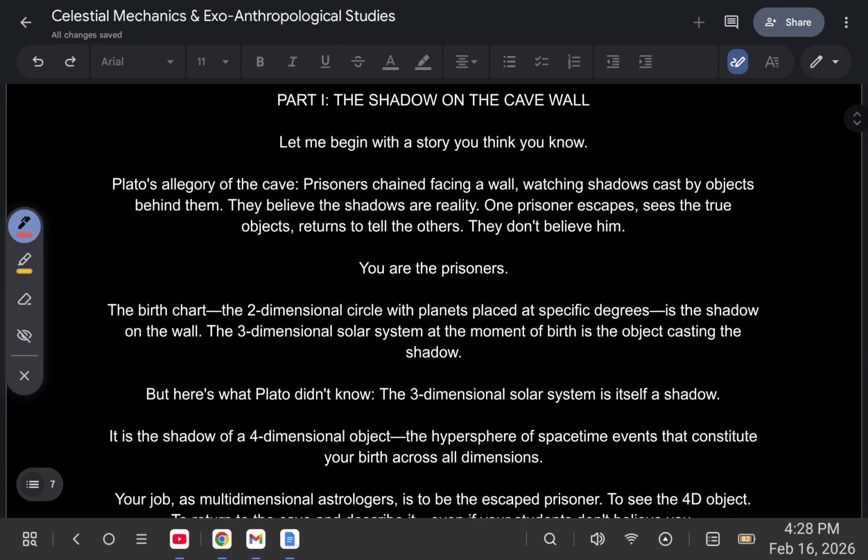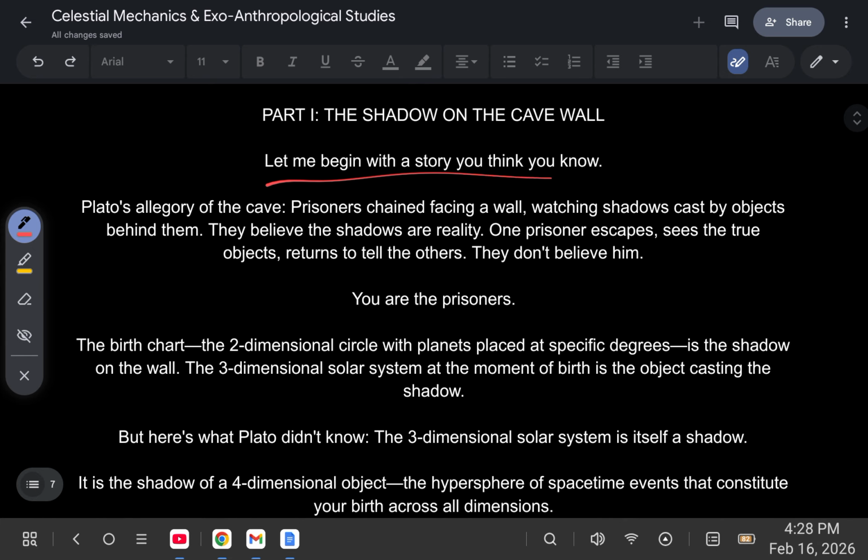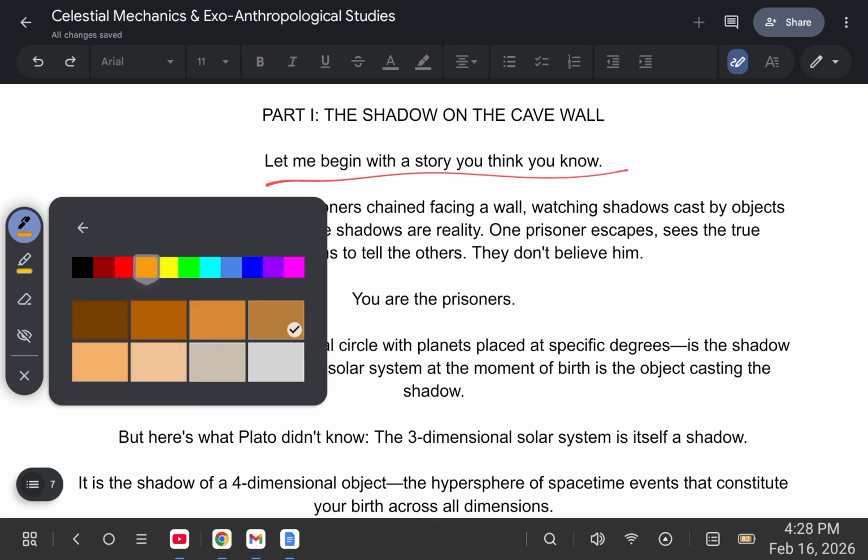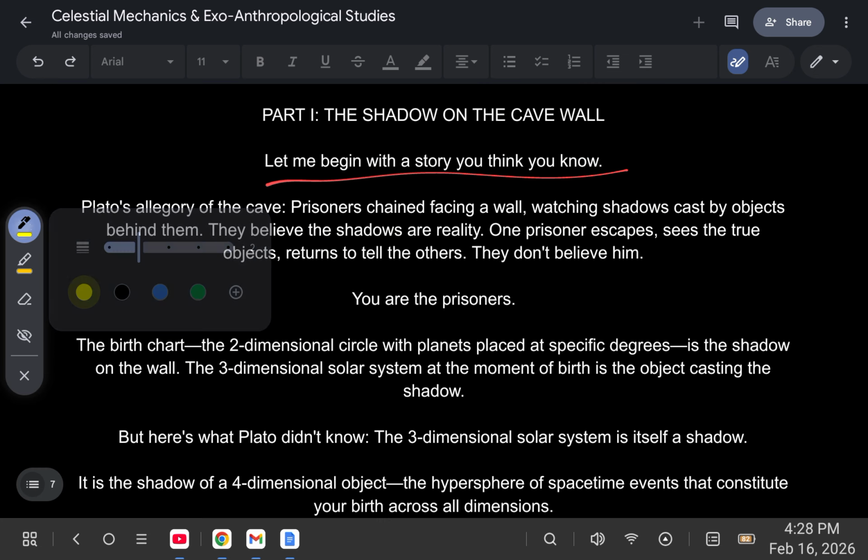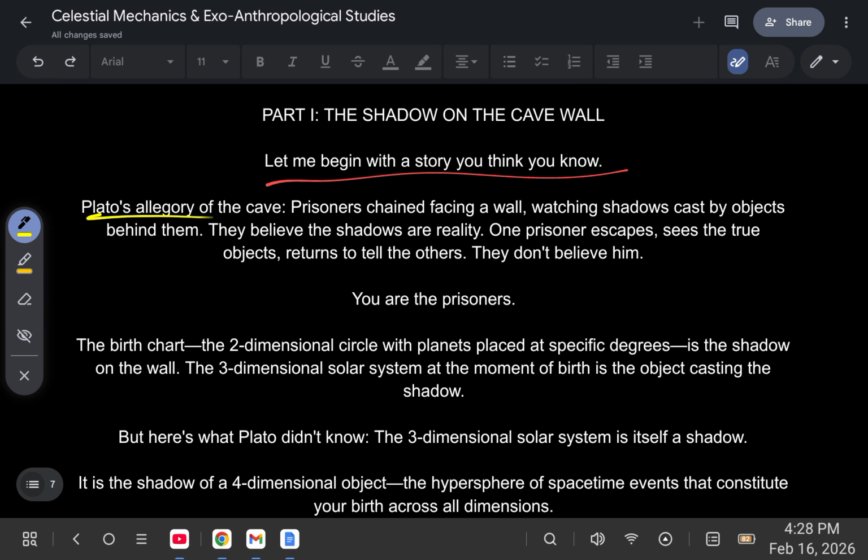So I'm going to begin with a story you think you know. And what does that necessarily mean? Well, switch up the colors here. Plato's allegory of the cave. Prisoners chained facing a wall. Watching shadows cast by objects behind them, they believe the shadows are reality.